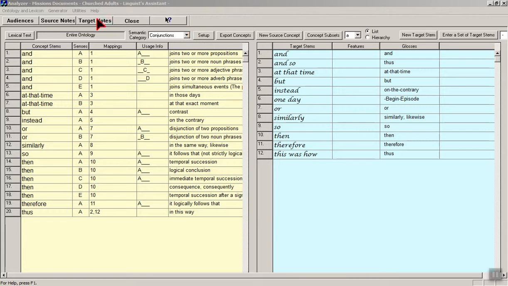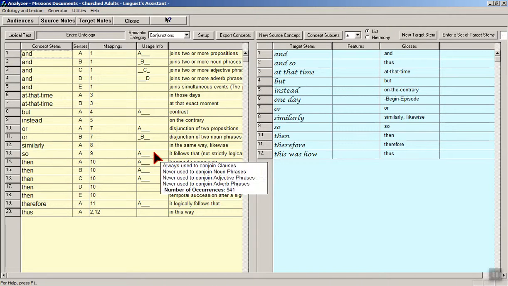So we can get to this by clicking on the Ontology and Lexicon menu in the upper left and then selecting Ontology. And then we can select conjunctions. So one of the conjunctions we have is so.